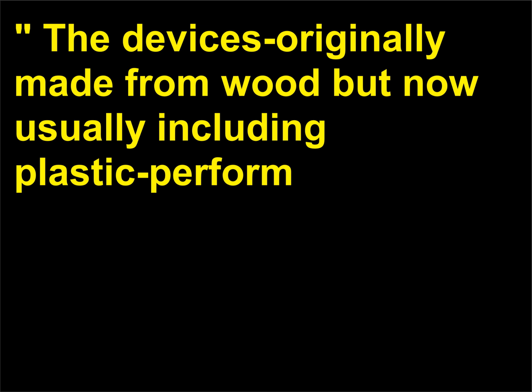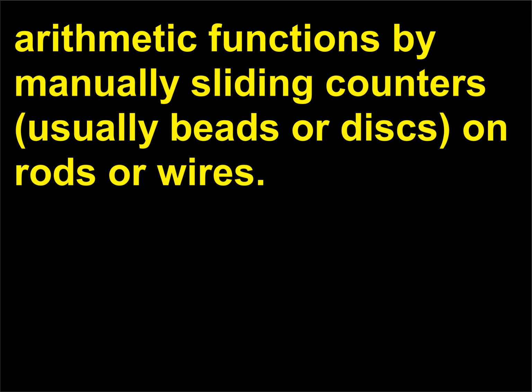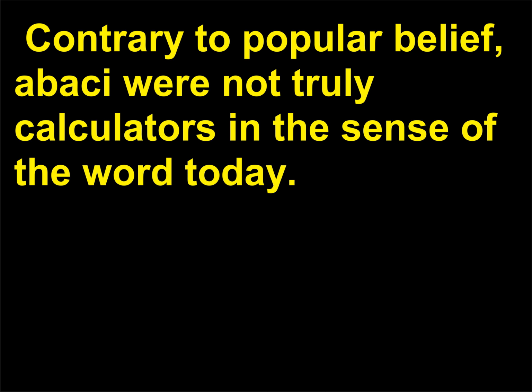The device, originally made from wood but now usually including plastic, performs arithmetic functions by manually sliding counters, usually beads or discs, on rods or wires. Contrary to popular belief, abaci were not truly calculators in the sense of the word today.